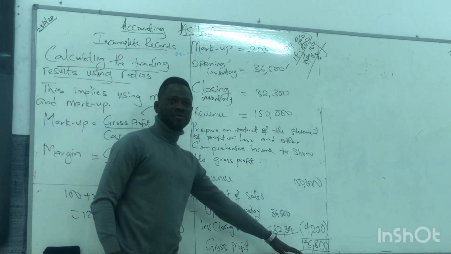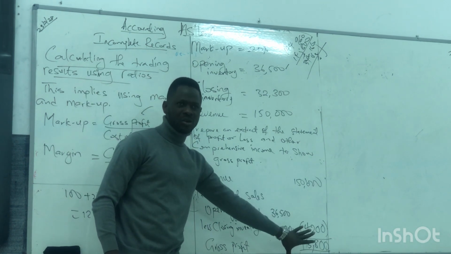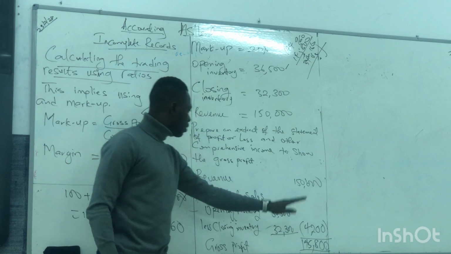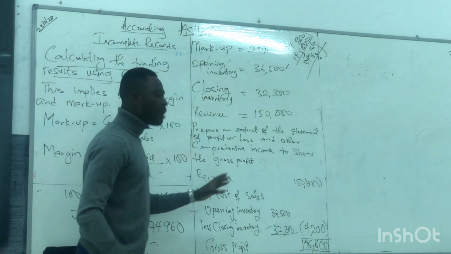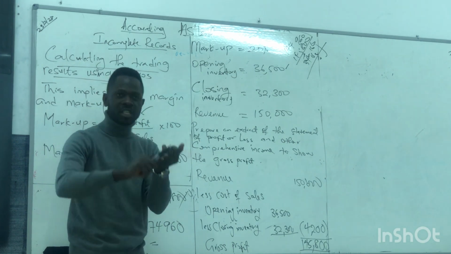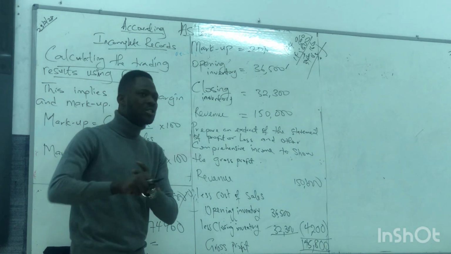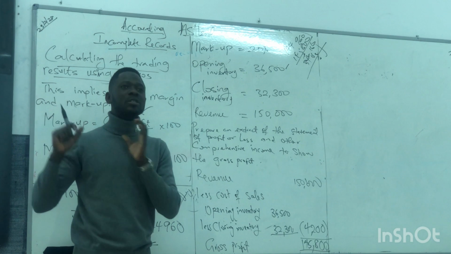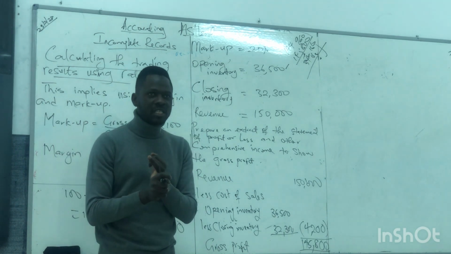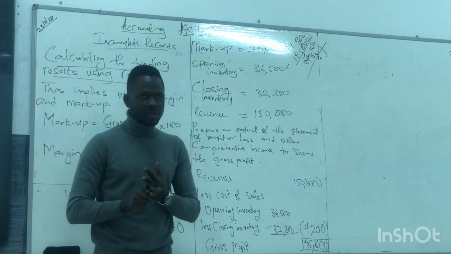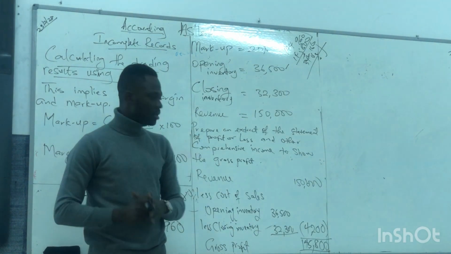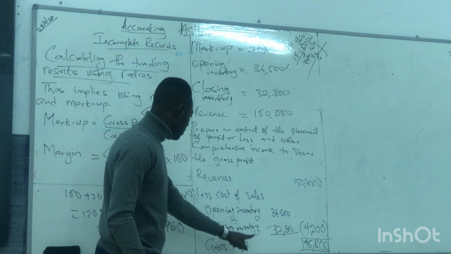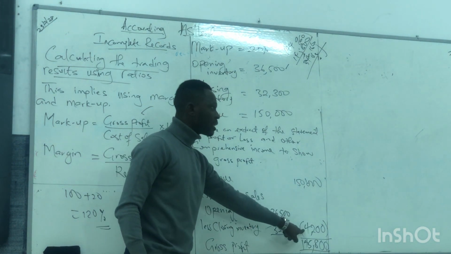We have our gross profit. I think you know how we got our gross profit here. Your cost of sales are your purchases, your opening inventory, less your closing inventory. But here we don't have purchases, we only have opening inventory and closing inventory. So opening inventory minus closing inventory is your cost of sales.